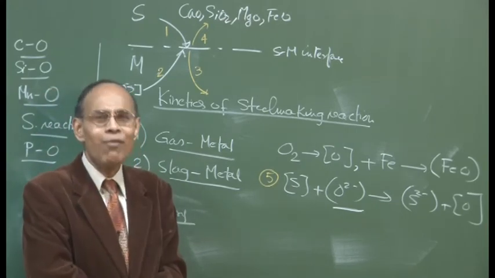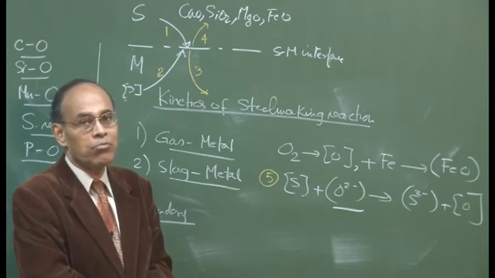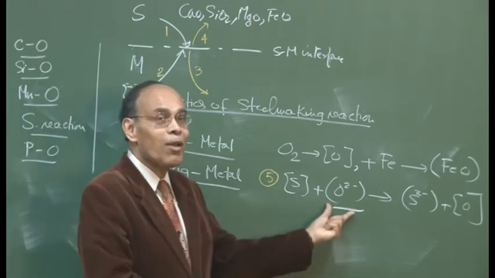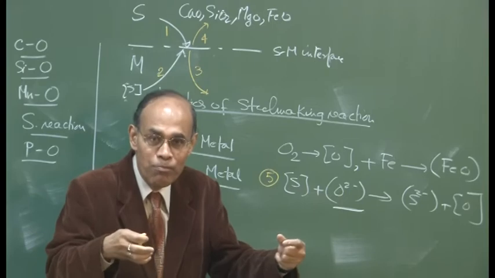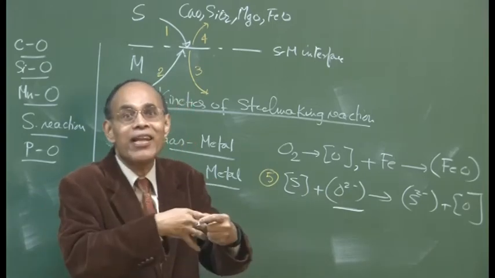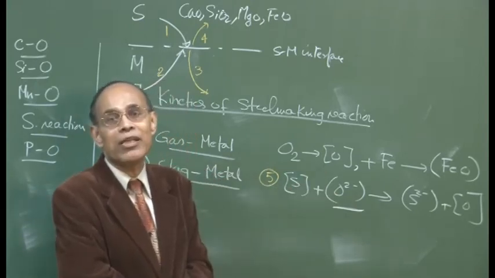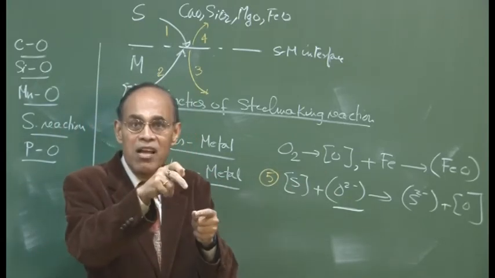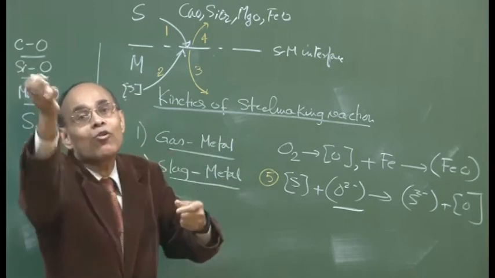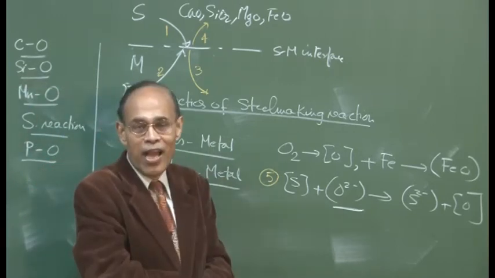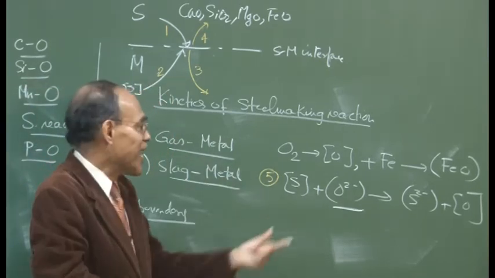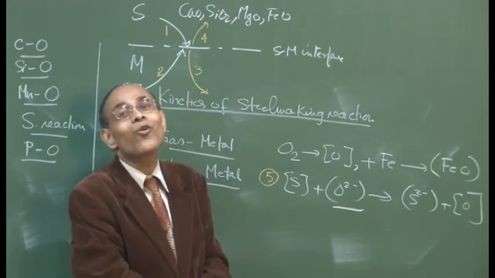So, barring a few exceptions, the moment the reactants are available, they will rearrange the bonds in no time and take the reaction to completion. Sulfur will reach there and immediately calcium sulfide will form and go to the slag phase, because the temperature is very, very high. So, the rate of the chemical reaction step is going to be very fast in general.